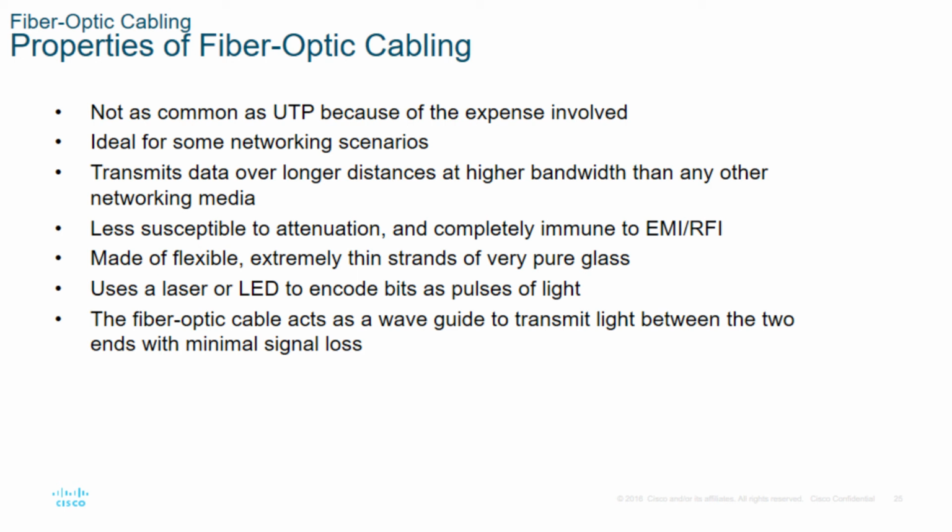Unlike copper wires, fiber optic cable can transmit signals with less attenuation and is completely immune to EMI and also RFI. So optical fiber is commonly used to interconnect network devices, and optical fiber is flexible but extremely thin.